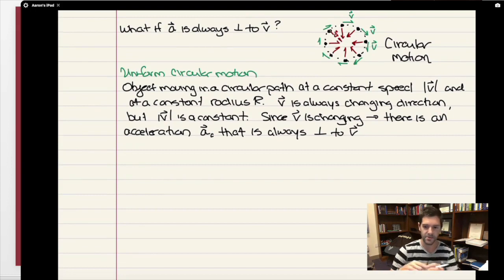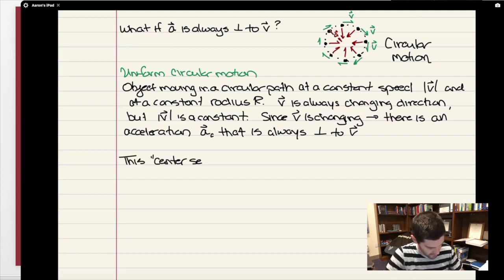This center seeking, and you can see from the drawing, this acceleration always is pointing towards the center of the circle. So sometimes it's called the center seeking acceleration. Points toward the center of the circle.